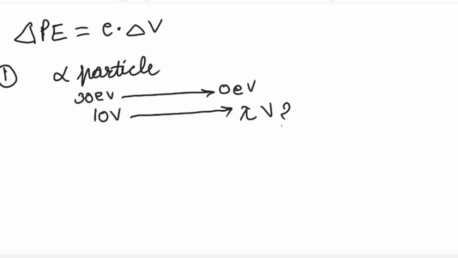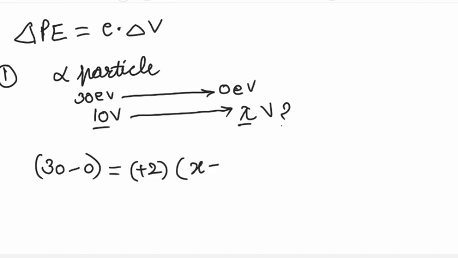First of all, we will put the value of change in potential energy, that is 30 minus 0, equal to the alpha particle charge, which is plus 2, so we write that, and then x minus 10. Now putting the values, 30 equals plus 2 times (x minus 10), which is 2x minus 20.